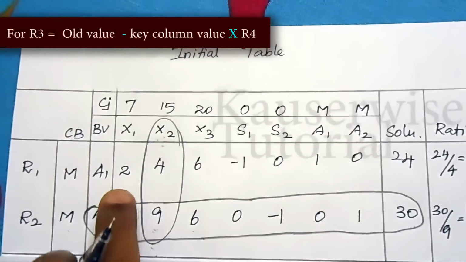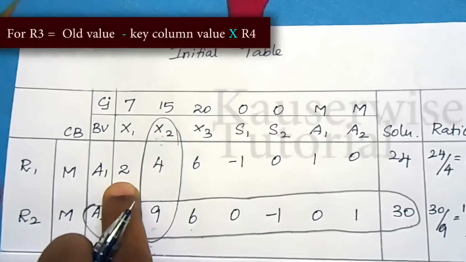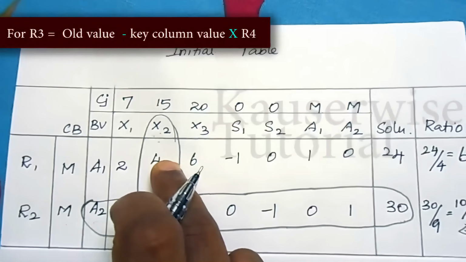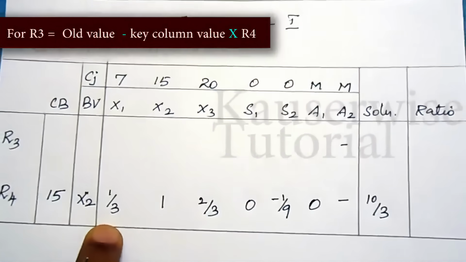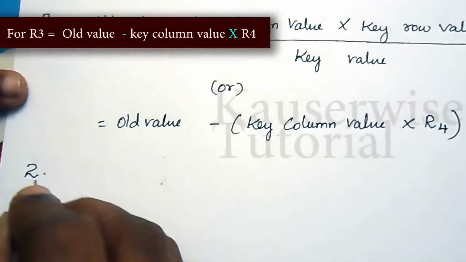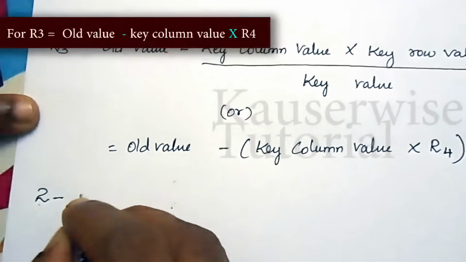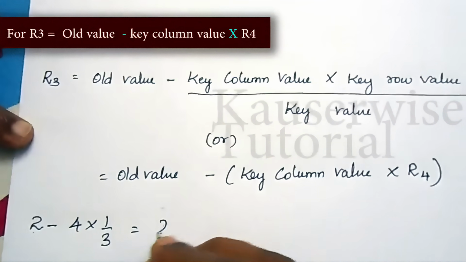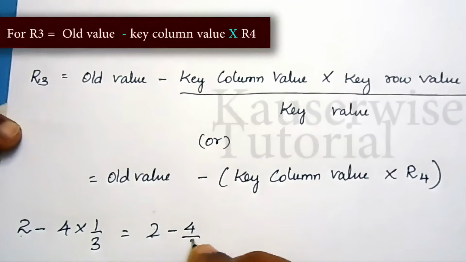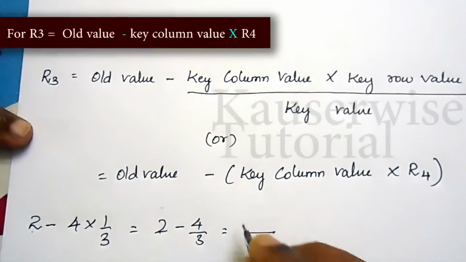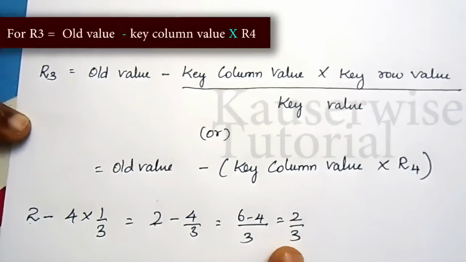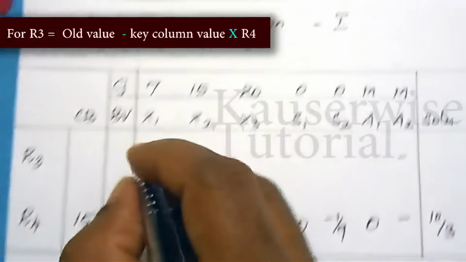Again I repeat, old value is 2, so 2 minus 4 into R4 value 1 by 3. 2 minus 4 into 1 by 3 is equal to 2 minus 4 by 3, which is 6 minus 4 over 3, equal to 2 by 3. So the new value is 2 by 3.